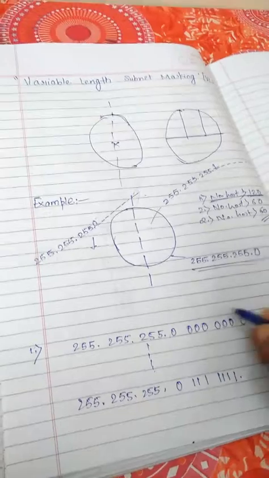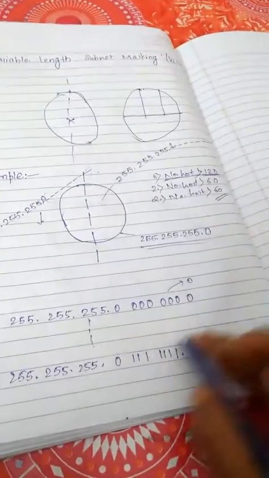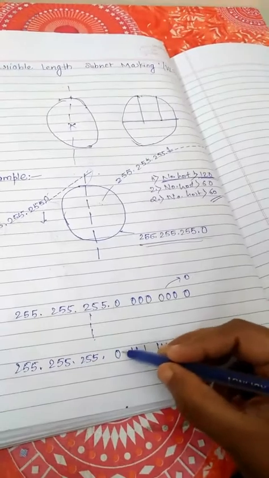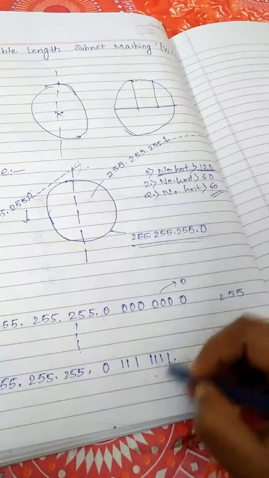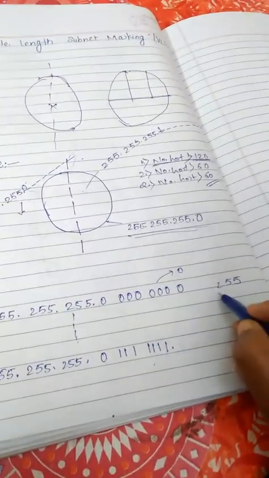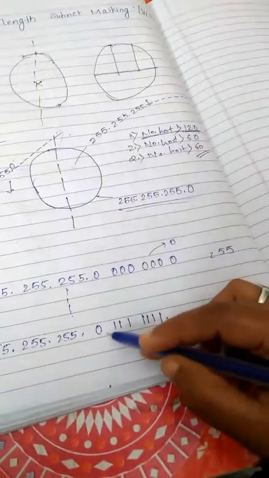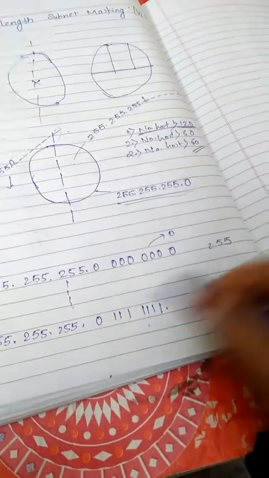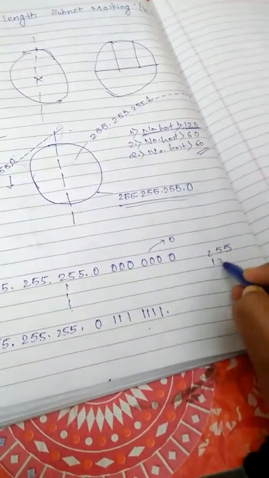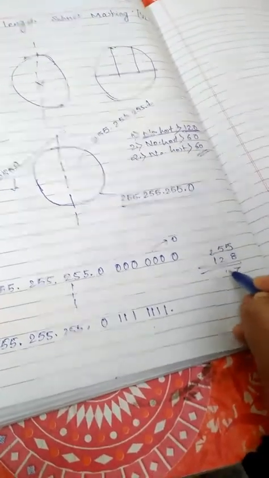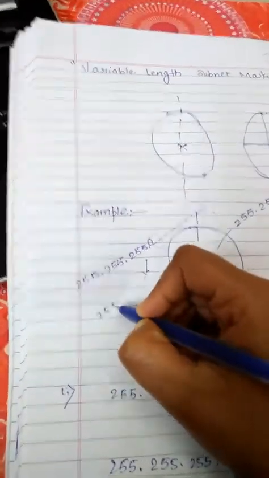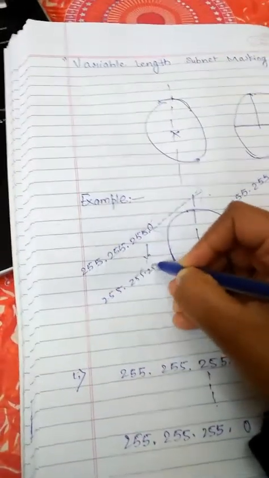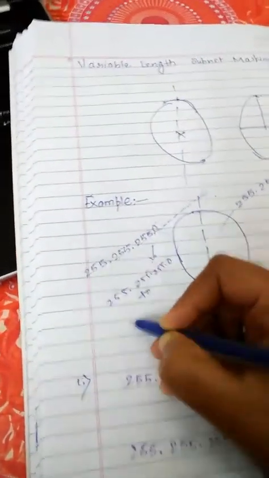This is basically a 0, and all the rest are ones except the first digit. So we will find out the decimal number in place of this. 255 is represented by all ones, so 1 is not at the first place, that will be minus 128. So we are getting 127, right? So this is 127.